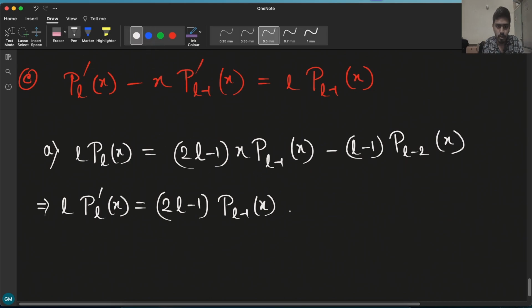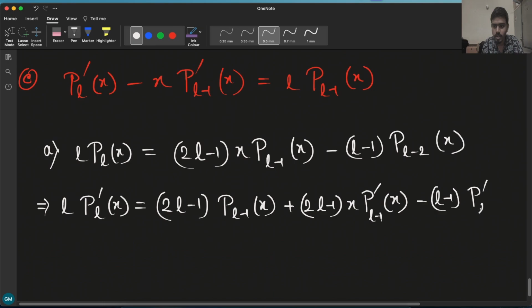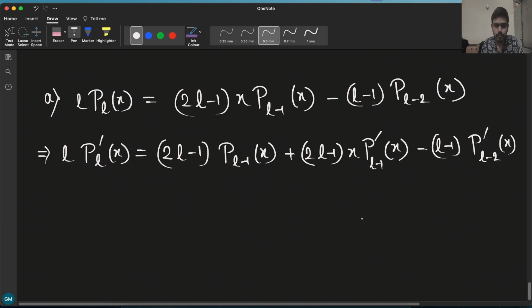So it will be plus 2L minus 1 x p dash L minus 1 x minus L minus 1 p dash L minus 2 x, right?